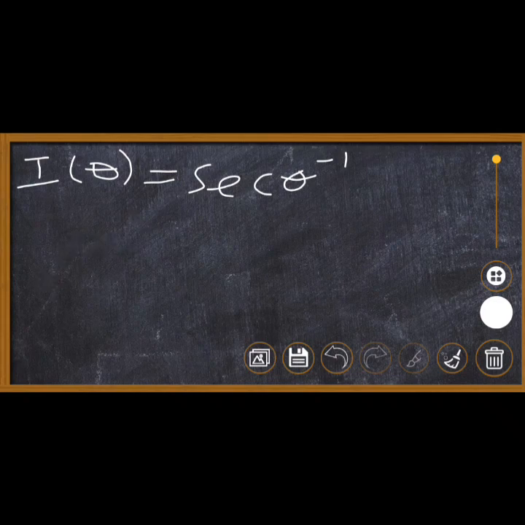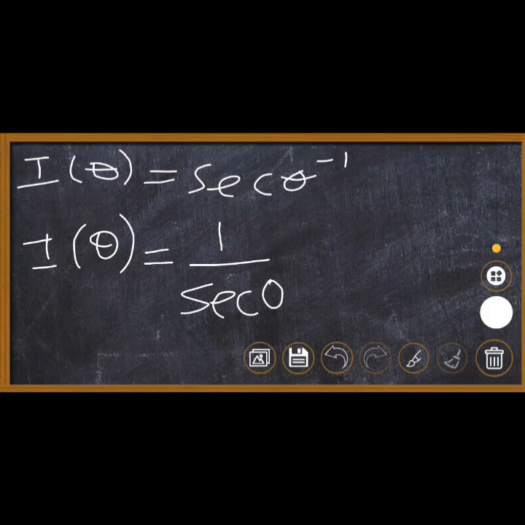Simplifying this further, sec theta to the power negative 1 is the same as 1 over sec theta. Do you agree? Yes, of course, it's the same. So what is 1 over sec theta?